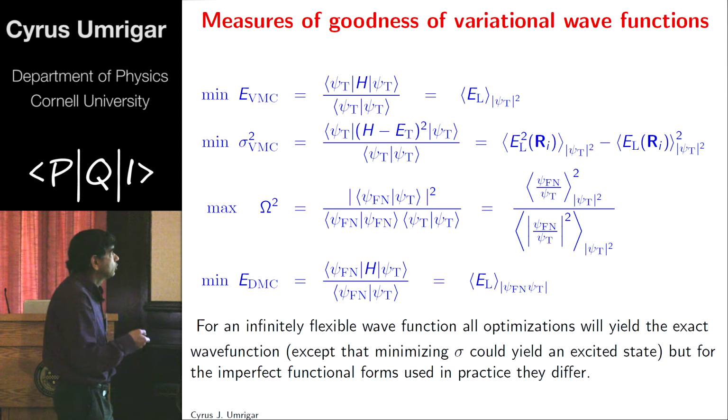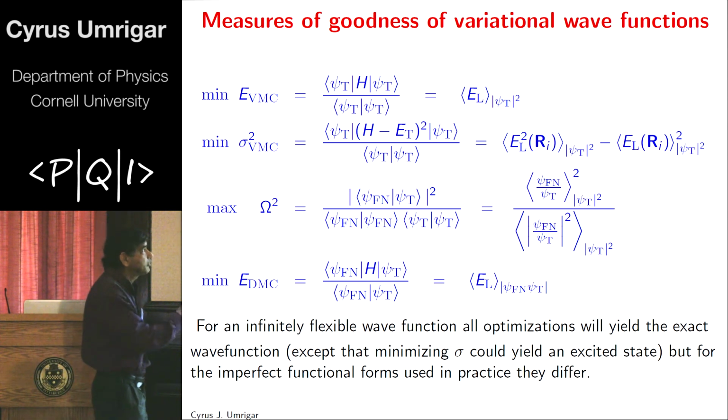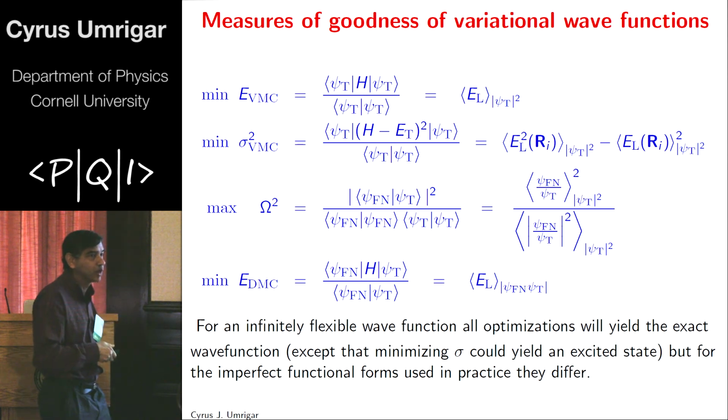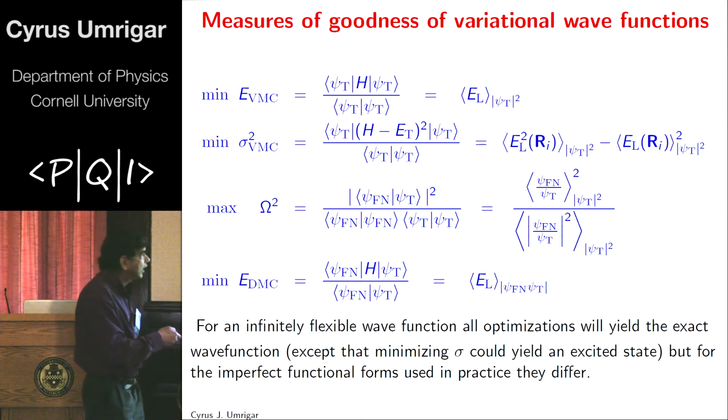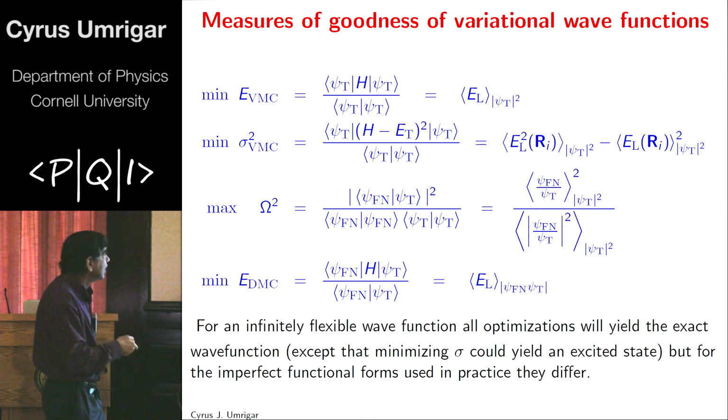Another thing you could think about optimizing is the overlap of the trial wave function and the exact wave function, or if you don't have the exact wave function, an approximation to the exact wave function, which I will call the fixed node wave function, which I will talk about a little bit more later. Okay? Yet another thing that you can optimize is the projector Monte Carlo energy.